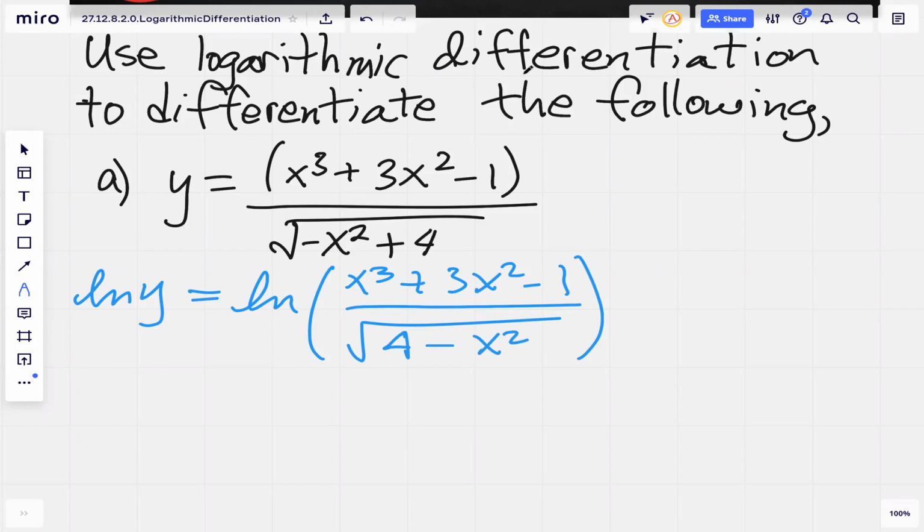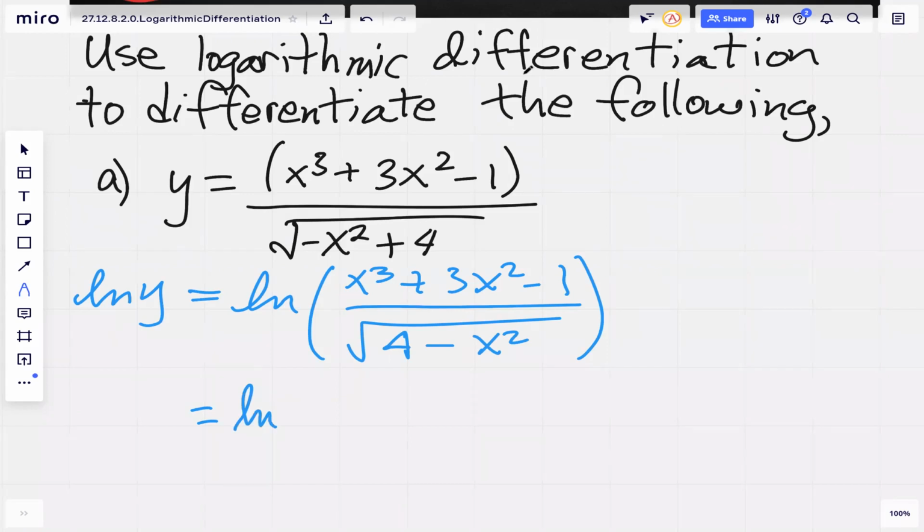Now we can use properties or rules of logarithms on the right-hand side and see if this makes our life easier. When we have the logarithm of a quotient of functions, we can use this rule where we take the difference.